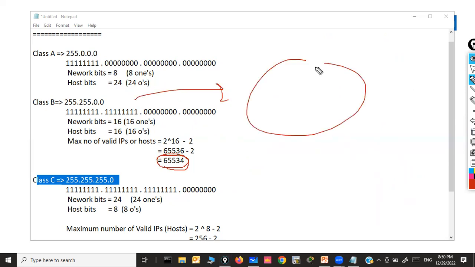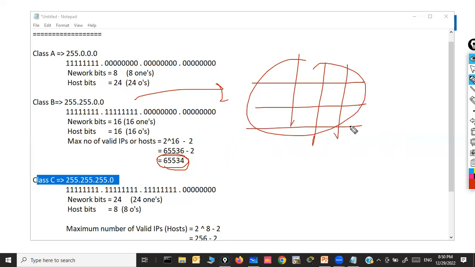And if we divide this network into very small subnets, maybe a subnet with only 126 IPs, and the customer requirement is 100 IPs, there will still be a wastage of 26 IPs, but only 26, right?